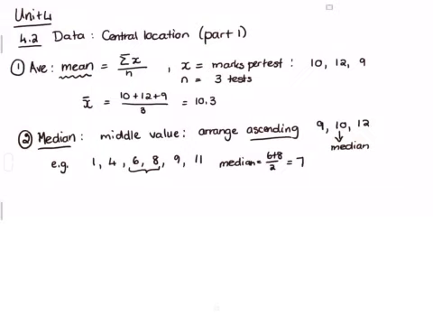So the mean and the median could be a number that is not actually one of your data points. But it tells you that your data centers more or less around 7 in the second example, or in the mean it centers around 10.3.